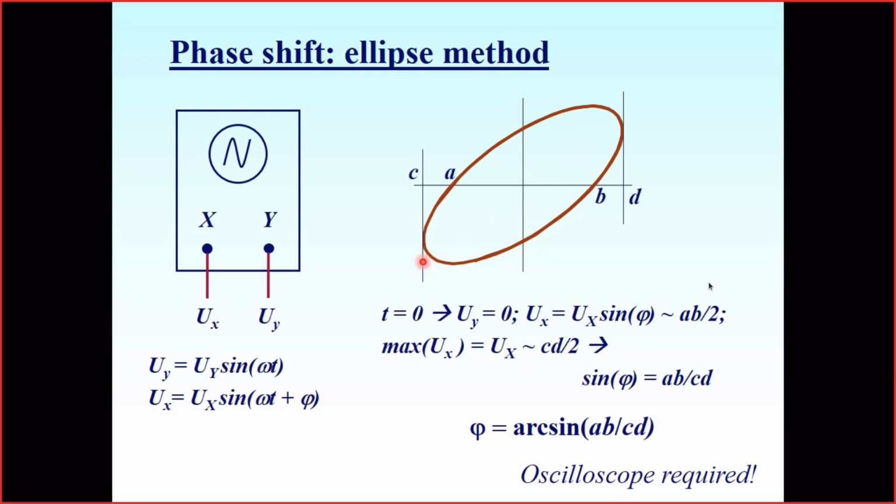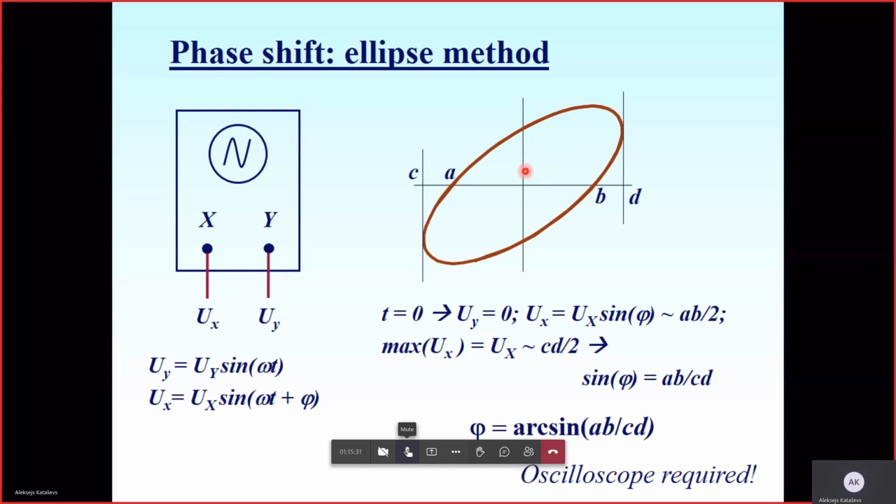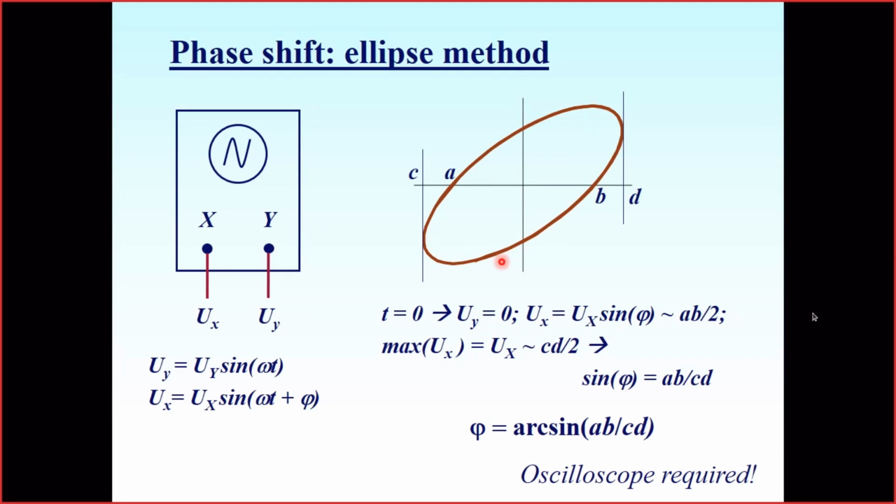What would we see when we have no phase shift? Yes, it will be a line. We certainly know what type of line it will be. It will be a line directed from the bottom left side to the upper right side, a positive slope line.